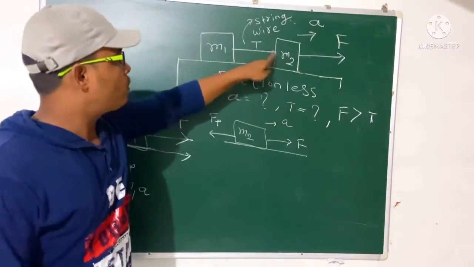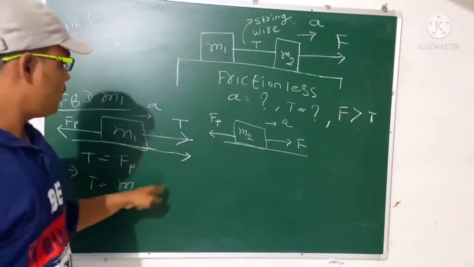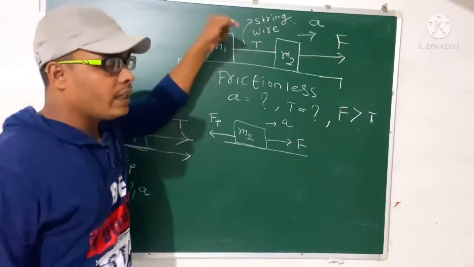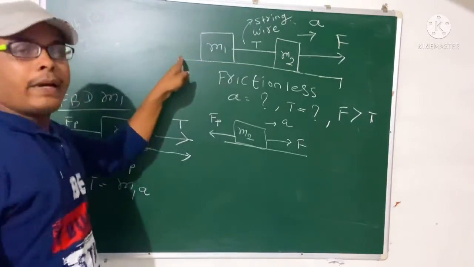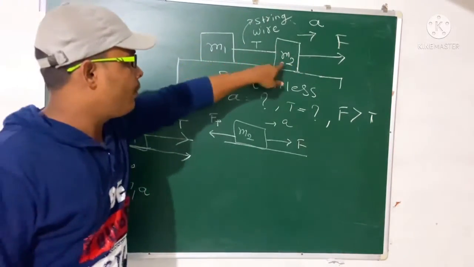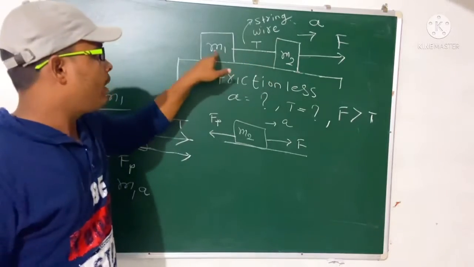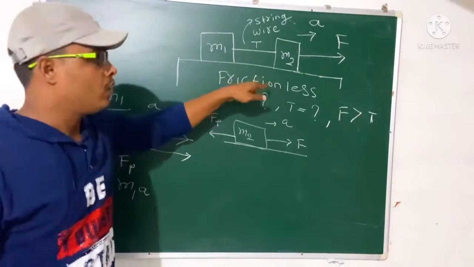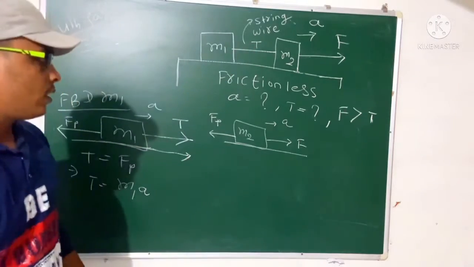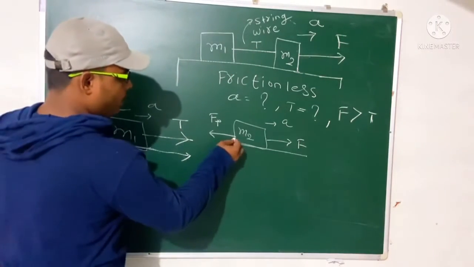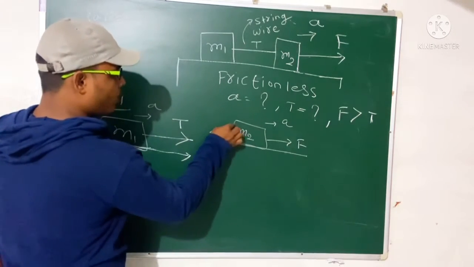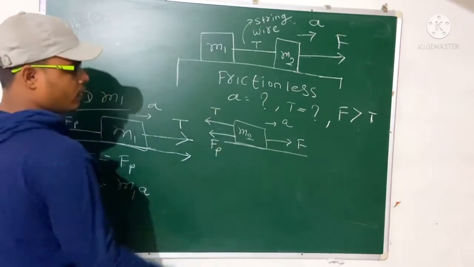So M2 is also giving some force to M1, which we discussed in the M1 case, because we are discussing the forces acting on M2, not given by M2, right? अगर M2 M1 को खींच रहा है, उसका मतलब M1 का भी कुछ इंटरनल फोर्स है जो इसको रोकेगा खींचने के लिए. So what is that force? That is the tension force. So there will be another force. This is your FP, and there is another force, that is your tension force.